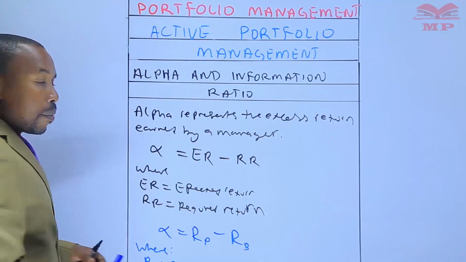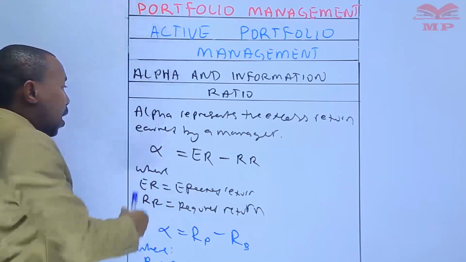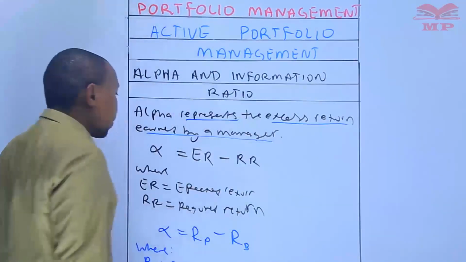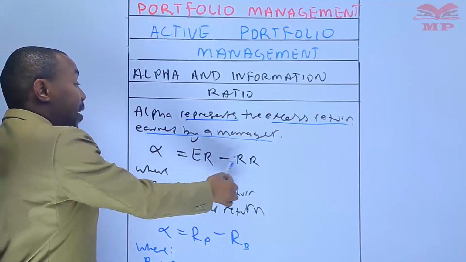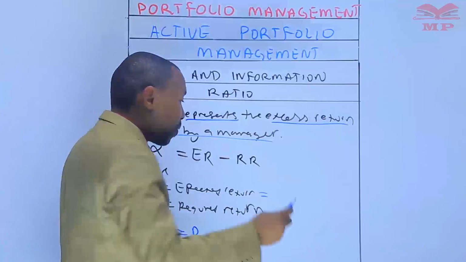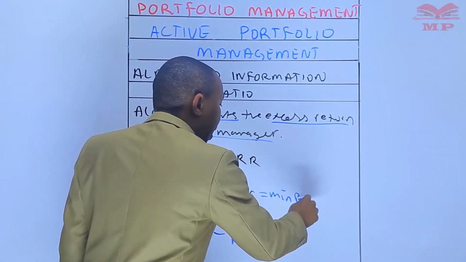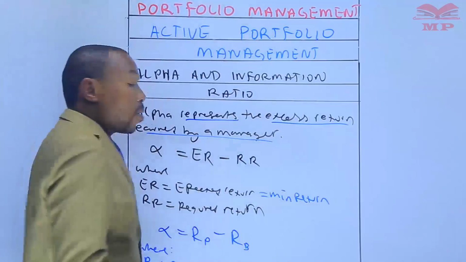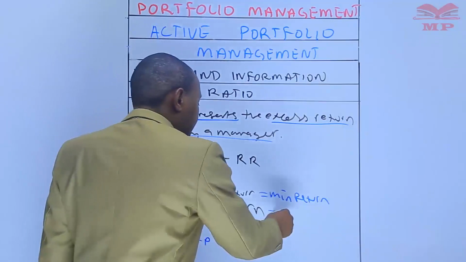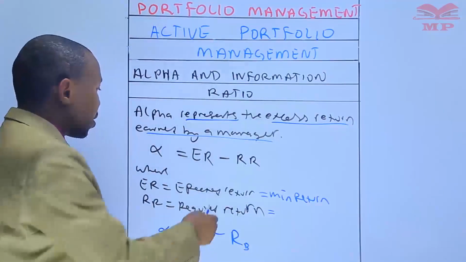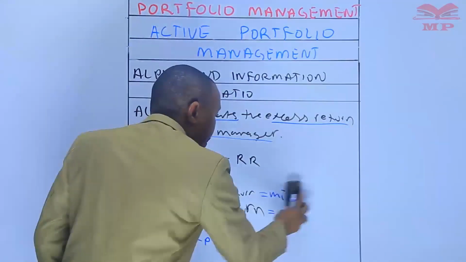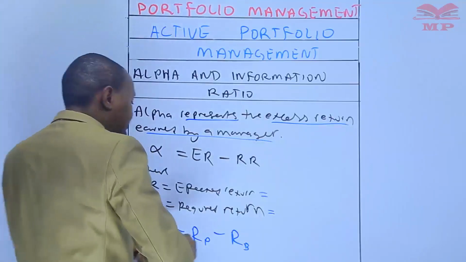So we have just very briefly talked about what alpha is. It represents excess return earned by a manager. Alpha can be the expected return minus the required return. Expected return is what the manager expects to earn.